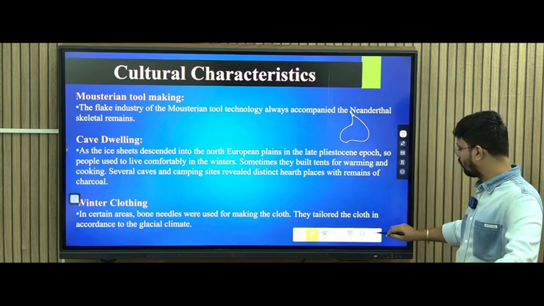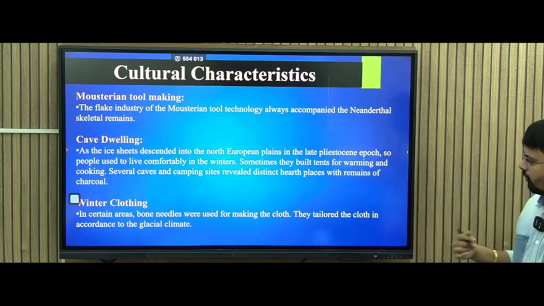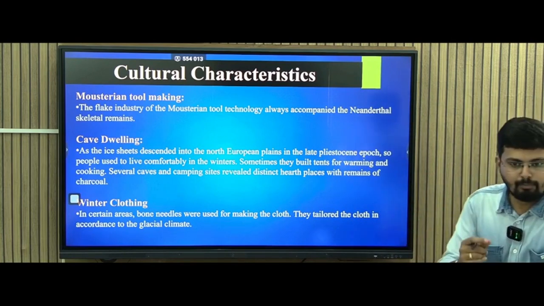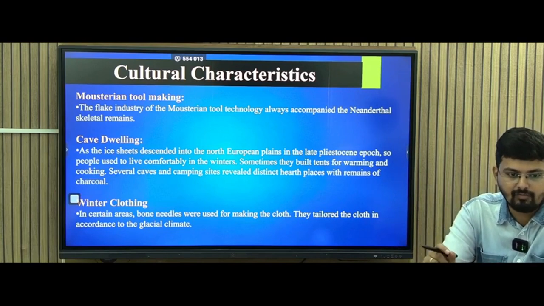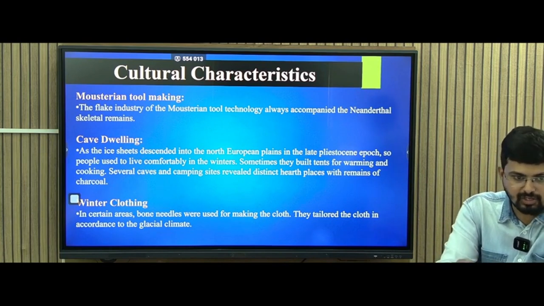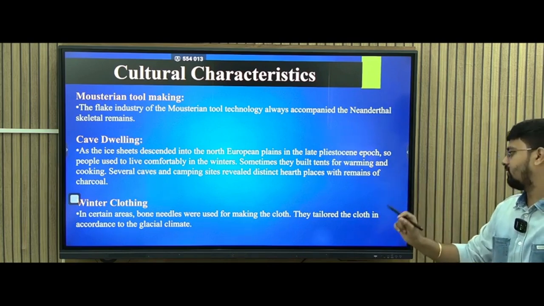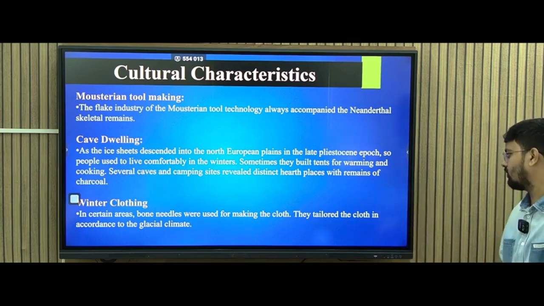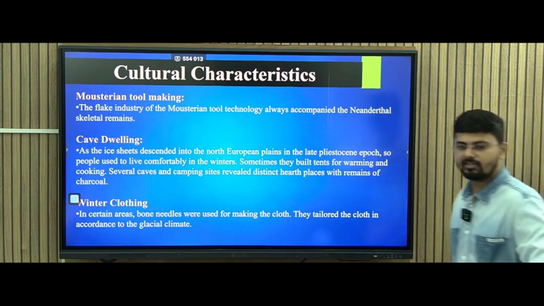So these kinds of tools, the fullest evolution did not happen with respect to them, but you can see that bone tools, needle-like structures, have been found, which shows that they used clothing. In certain areas, bone needles were used for making cloth, and they tailored the cloth according to the glacial climate.